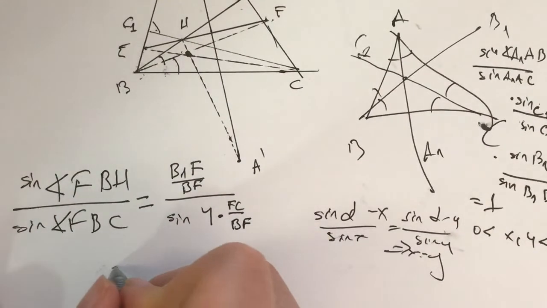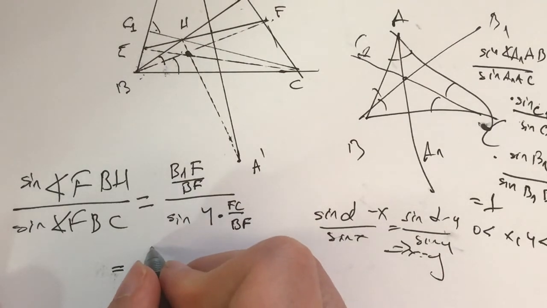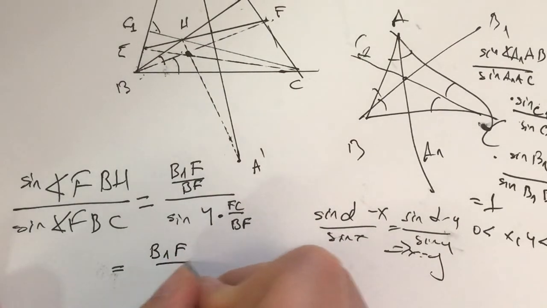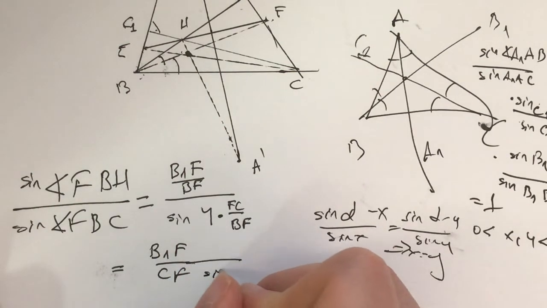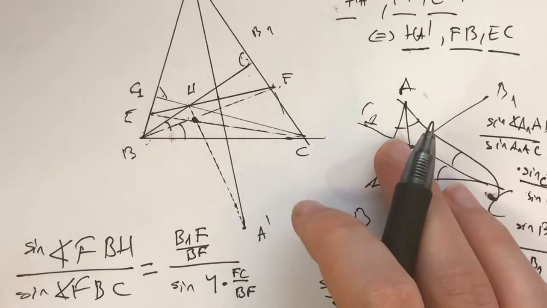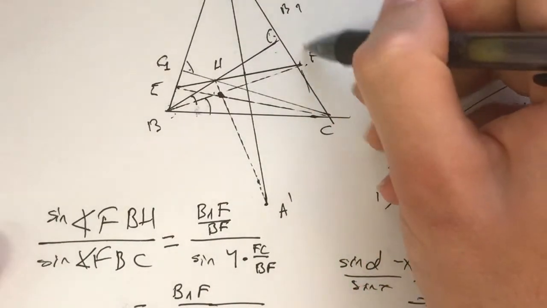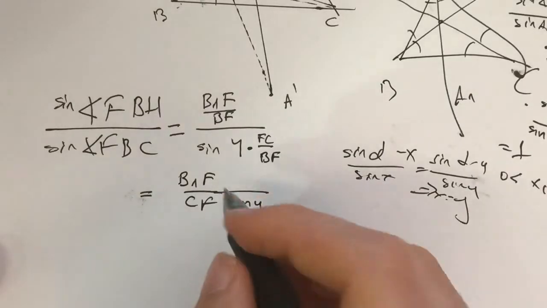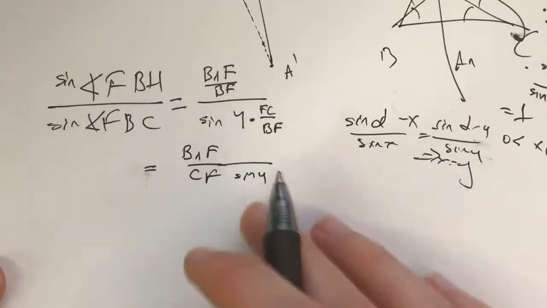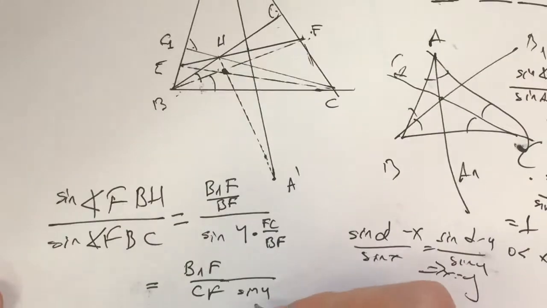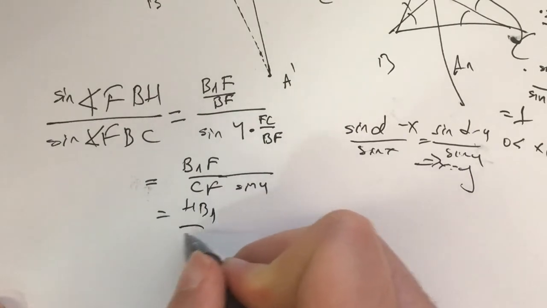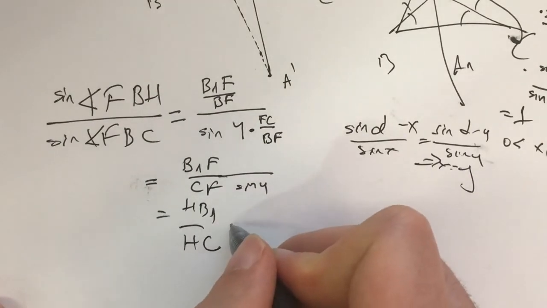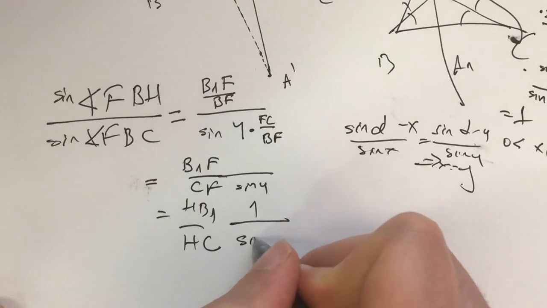And now this whole thing is equal to B1F over CF over sine of gamma. And if you remember from the beginning, B1F over FC is going to be equal to HB1 over HC. So all of this over sine of gamma.